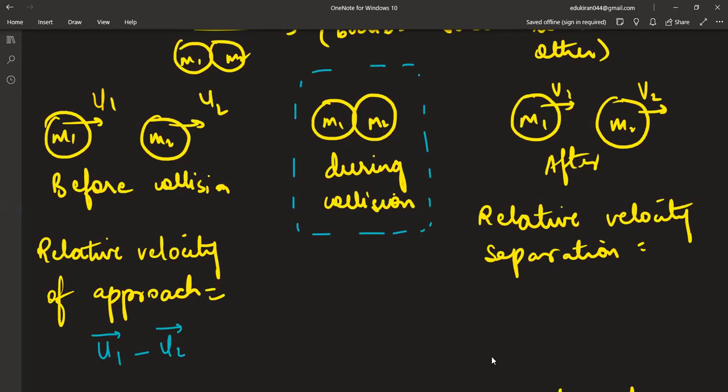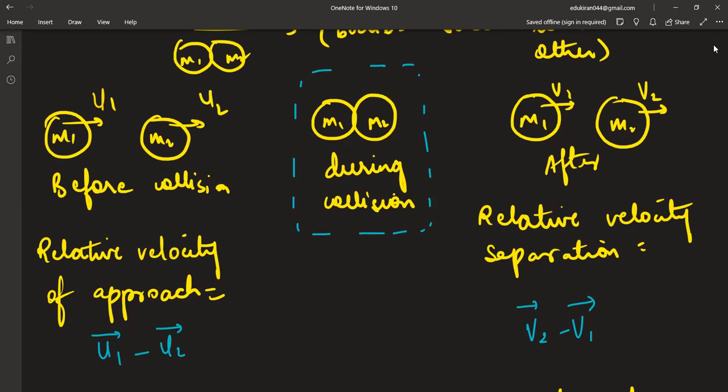So now V2 will be greater. So relative velocity of separation is V2 minus V1. Do not make the error of mixing up U2 minus U1, U1 minus U2 and V2 minus V1. Relative velocity of approach means before collision, when they are approaching each other. Relative velocity of separation means after they have separated.